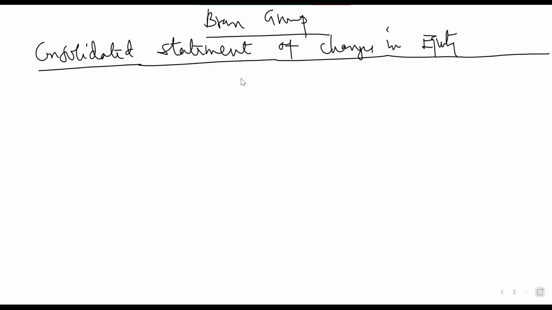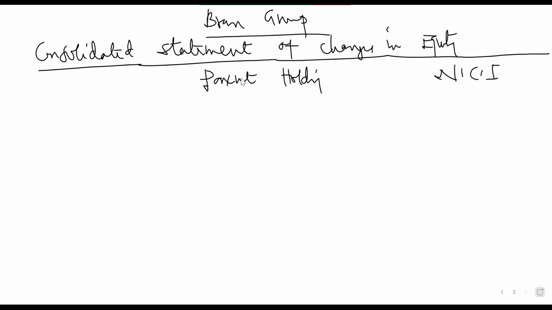So what we do is that for this one we show only two. We show the parent holding, because anything concerning the subsidiary will be absorbed into the parent. So we show the parent holding and we also show the non-controlling interest.